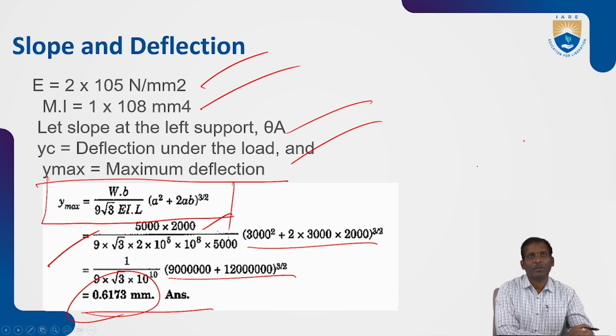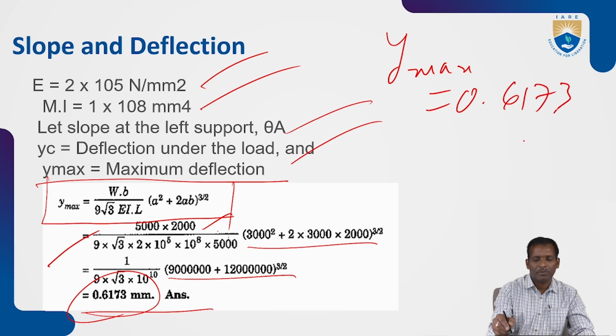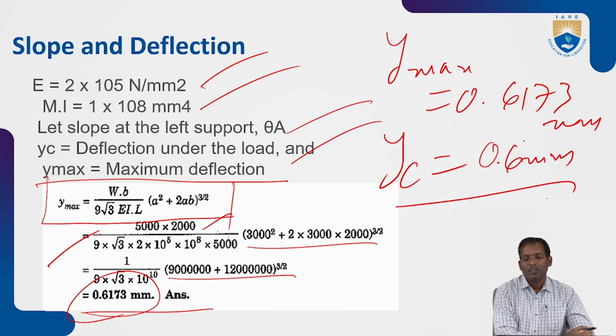By using this formula, Y max is equal to 0.6173 mm. In the previous slide, you calculated at point C, that is YC, the deflection at C, 0.6, and the maximum is 0.6173.